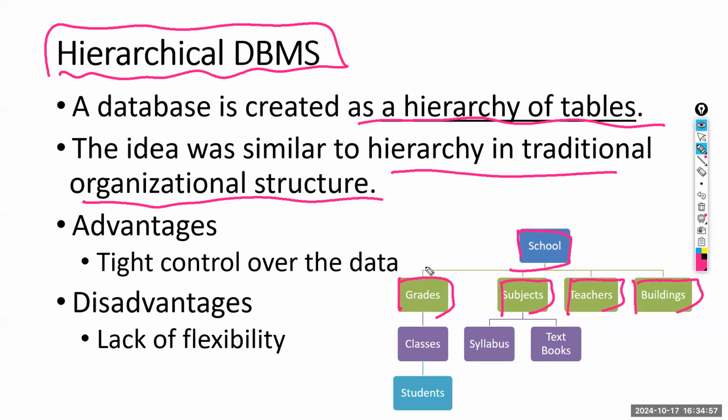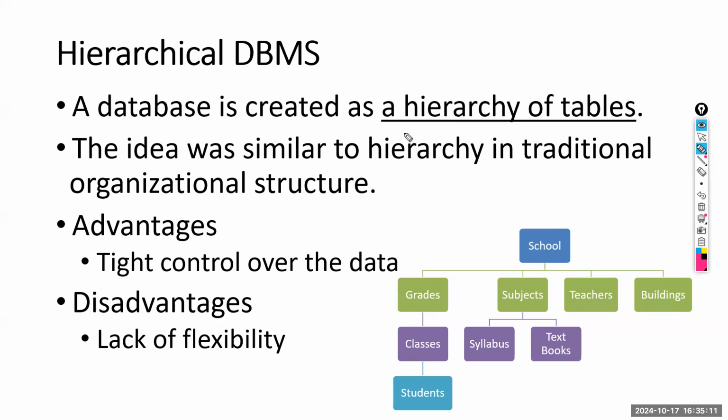So the obvious advantage of using a hierarchical database management system is tight control over the data. You get very good control, because you need to go through the hierarchy in order to access data. But the biggest disadvantage is the lack of flexibility, because you must go through the hierarchy.